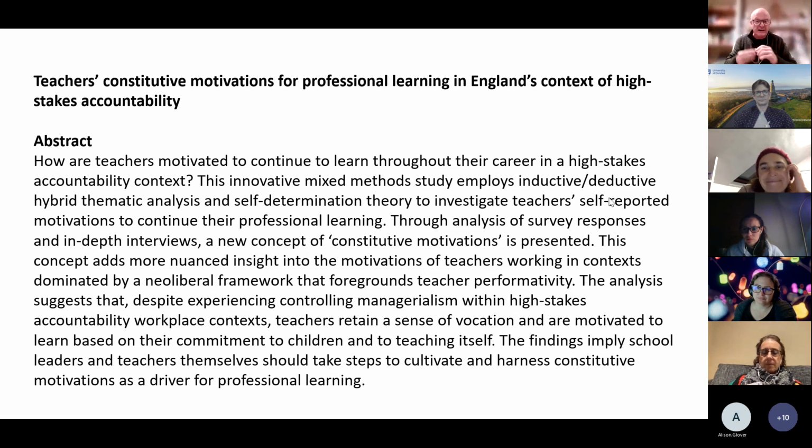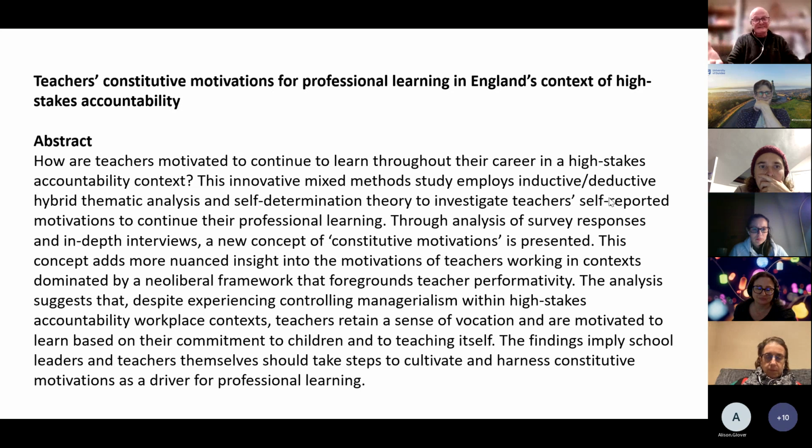Even if you are in a hurry and in an instrumental way you think you know the answers, it won't work as well if you don't harness their commitment to children and their commitment to teaching itself, right? On the instrumental side, teachers do like to have their teaching expertise recognised in a specific, praise-giving way by senior leaders, right? So that's all I'm saying. But I do agree that the paper itself is weak.